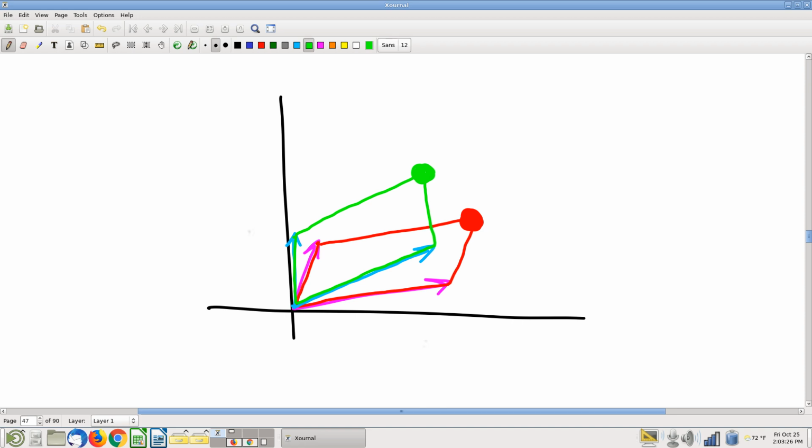Okay, so now I'm going to show you on this picture a quick argument for why rotations commute with addition. I'm just going to walk through it on the picture. What does it look like if I add and then rotate? Here's my original two vectors. Add and then rotate is going to give me that point. That's add and then rotate.